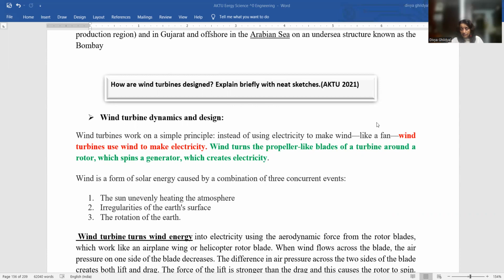Electric energy is being converted to mechanical energy. First, we are switching on the fan. That means we are giving it electric energy. Electric energy is being converted to mechanical energy to run that fan. But here we will do the opposite. Wind turbines will use wind to make electricity.